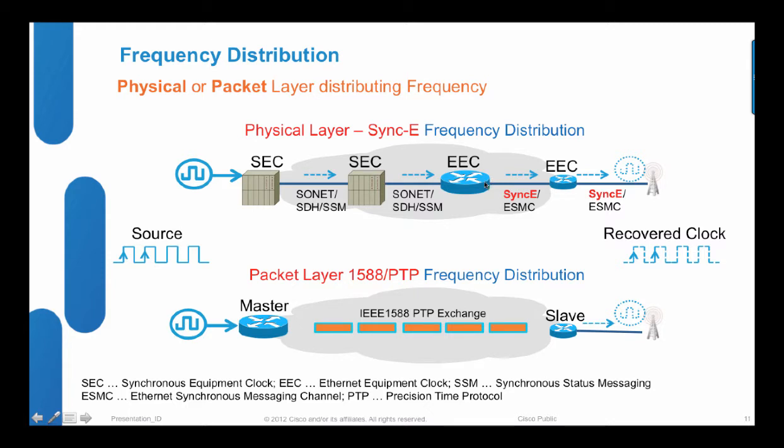For example, this router here is looking up to this one, and over the Ethernet synchronous messaging channel it's sending not only the timing but also a message saying primary reference clock. The downstream router sees that and says, okay, you're telling me you've got a good clock, I'll synchronize to you.